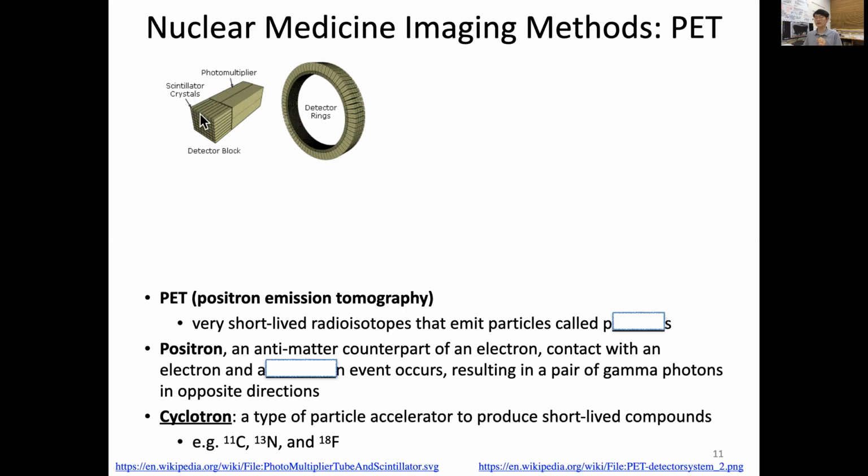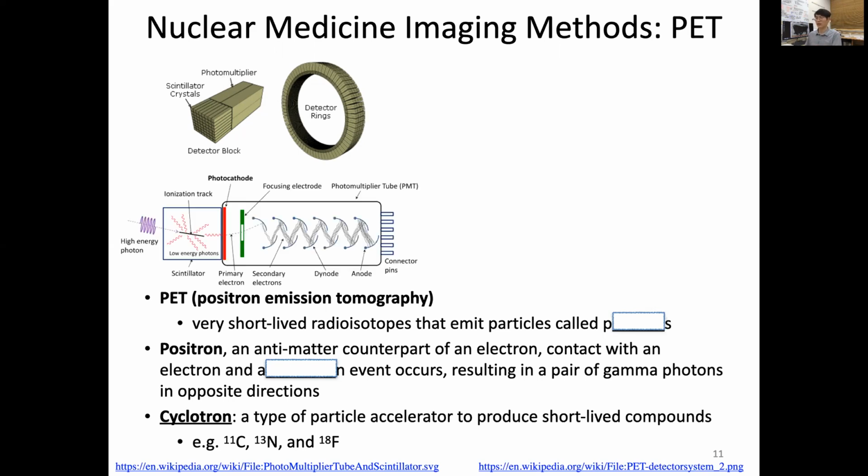So one unit of PMT and scintillator is a detector block. And for the principle of PET, we need many of these detector blocks in a circle. You can see here, not only one rim, but it could be multiple rims to detect a 3-dimensional structure. And you can imagine it costs a lot, because there are many PMTs, which are very costly.